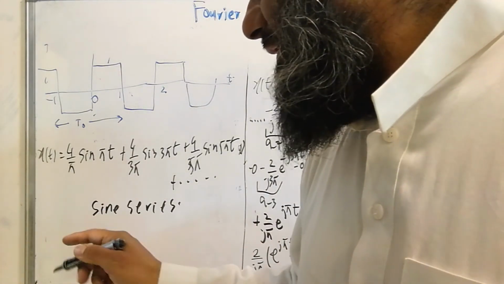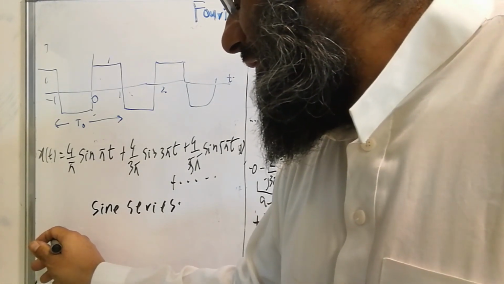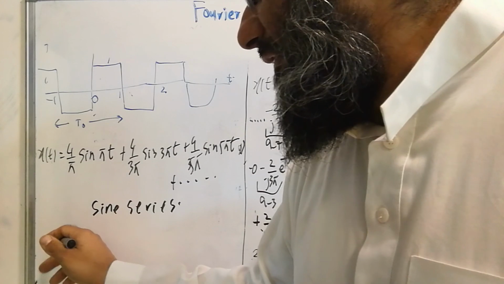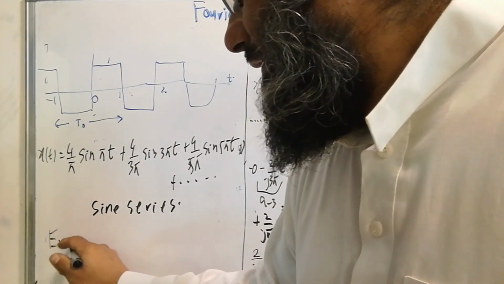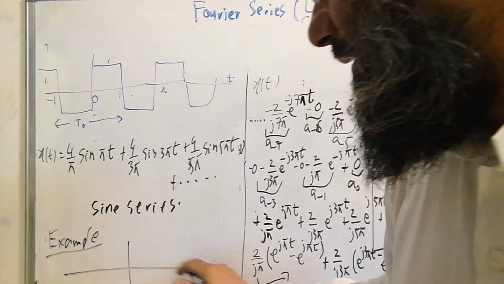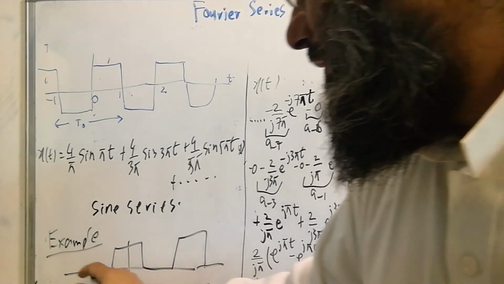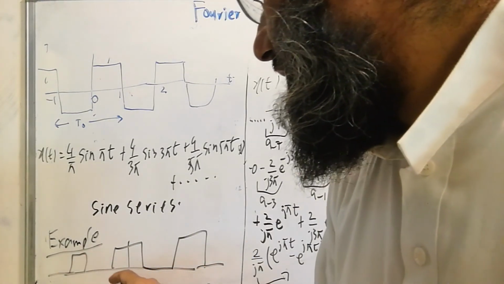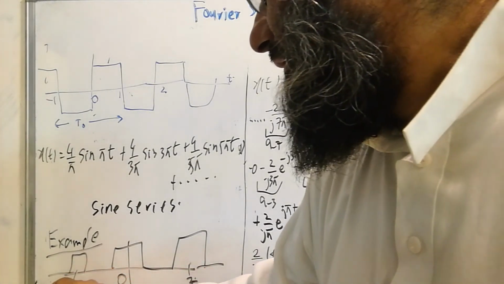And there will be another example. I will also put it on the website, or I will put it in the class assignment and then give it to you. That will be example 2, and that is an example of a cosine series, in which I have this signal. So this is 0 and this is 2. So I have the same time period.